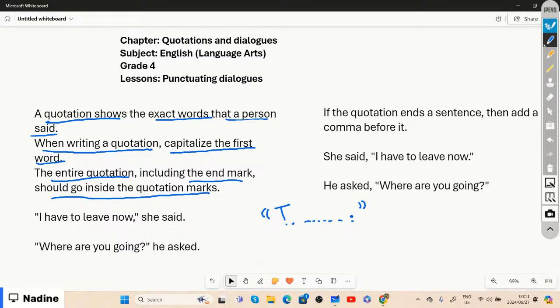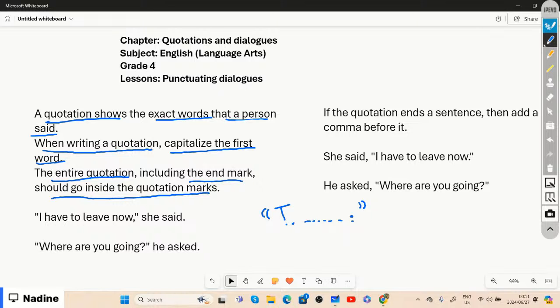If we look at an example of a quotation, it says, "I have to leave now," she said.